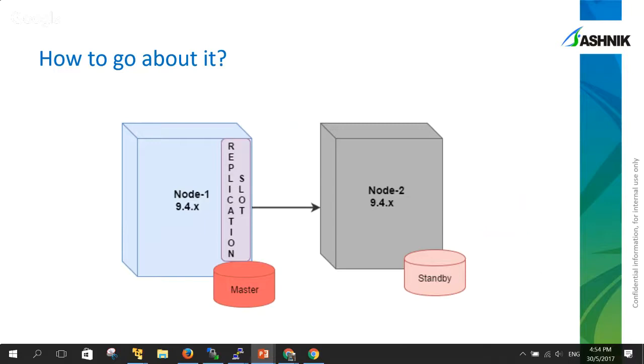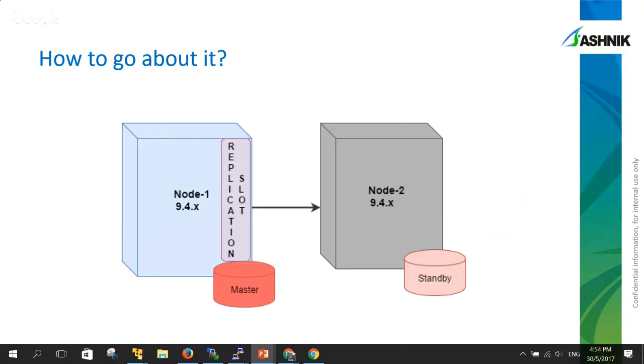So you would have a setup where you have a node 1 and node 2, and in that you will have replication slots set up so that when you shut down your standby, your master is going to retain all the WAL files. And when you are going to apply a patch, you will apply that first on the standby.